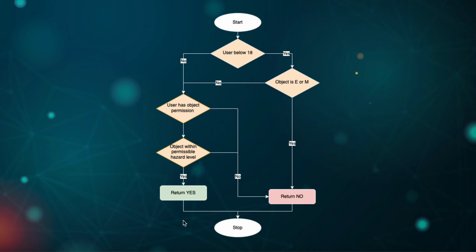If it is one of these objects, then EthioFetch returns no. Otherwise, it checks whether user has permission to access that object, and if the object, when interacted with the user, is within the permissible hazard level. If the answer is yes, it returns yes.